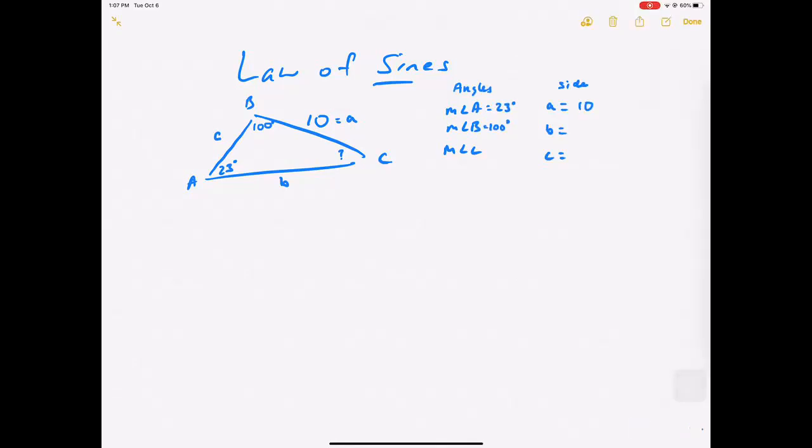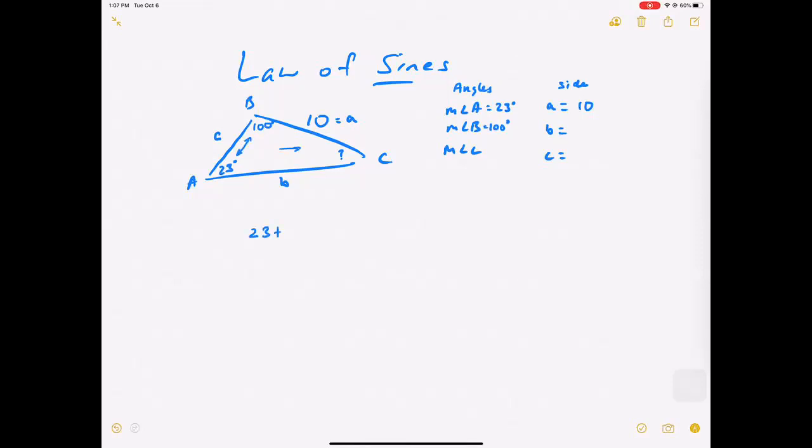We talked about before, if you give me 3 bits of information, 3 out of 6, you can always be guaranteed to solve for this triangle. We can always find out the rest of it. So first things first, what would be the easiest thing to solve for? Since I have 2 angles, we can find the third. All angles in a triangle add up to 180.